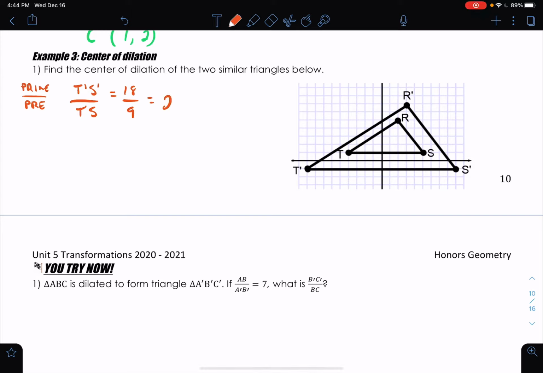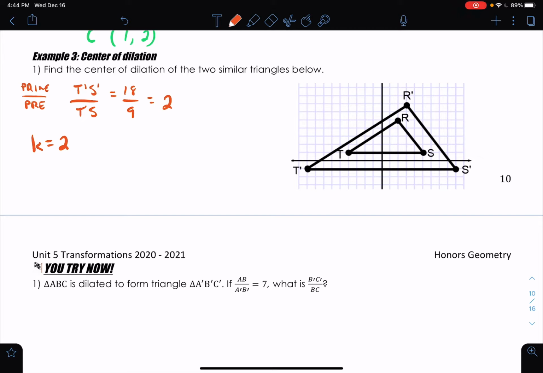So 18 divided by 9 is 2. So my K value, or my scale factor here, is 2. Which means that from my center of dilation to go to R and to go to R', it's going to be double as much.